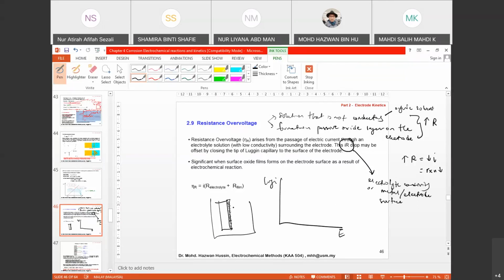When you do electrochemical measurement, is RE, is WE, this may be your potentiostat. So what will happen is that this grease, or passive layer, will actually result in IR drop.